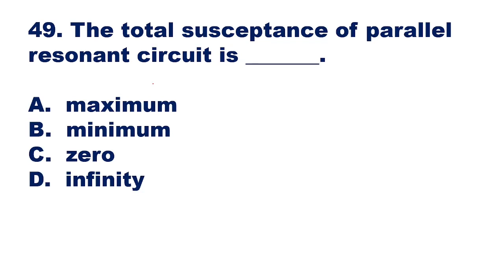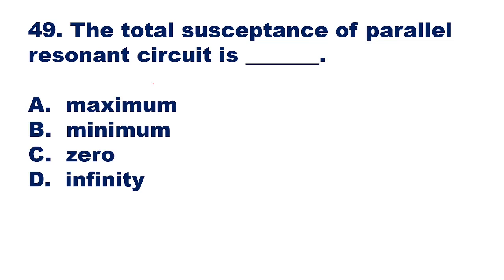The total susceptance of parallel resonance circuit. So obviously when we define the parallel resonance circuit phenomenon, at that time we say the susceptance of the inductance and the capacitance will get cancelled out. So it is equal, and therefore the total susceptance of parallel resonance circuit is minimum.